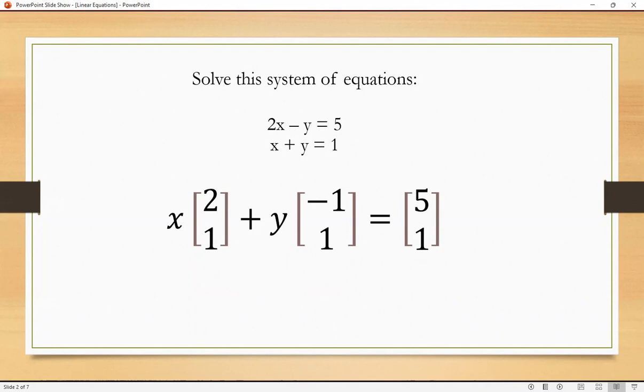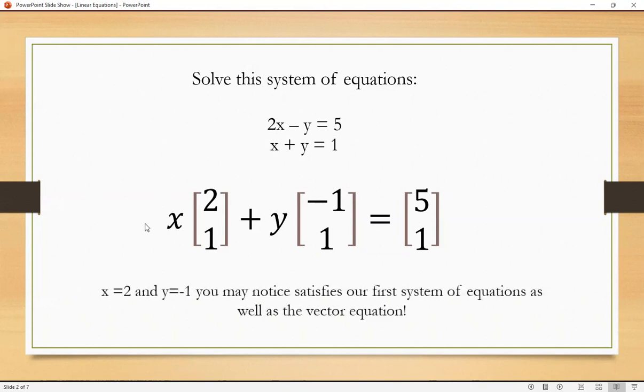Actually, you can see that x equal to 2 and y equal to -1 satisfy not only both the equations in our set, but it also satisfies the vector equation, which you can easily see by verifying. Now, let us see what is happening in GeoGebra.